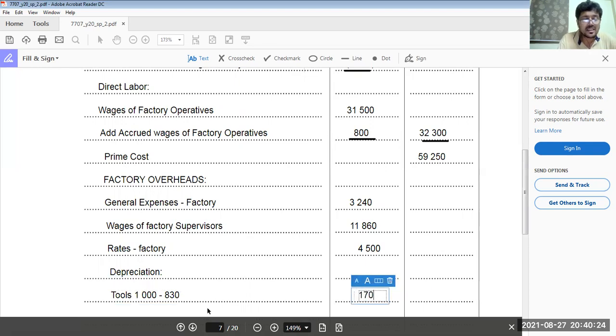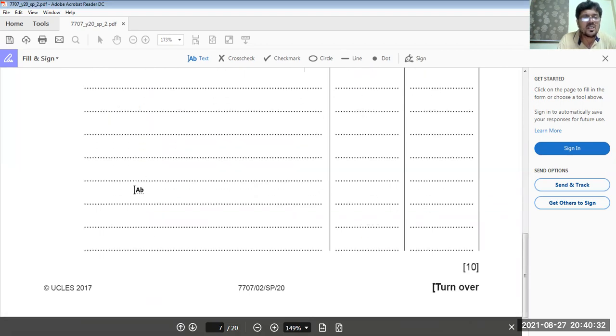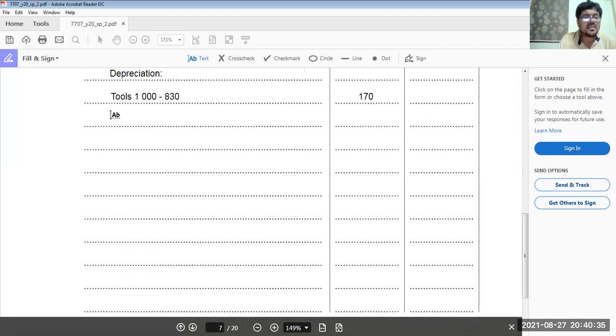170. And what about the other, factory machinery? Now for factory machinery you have to depreciate 20% on cost.